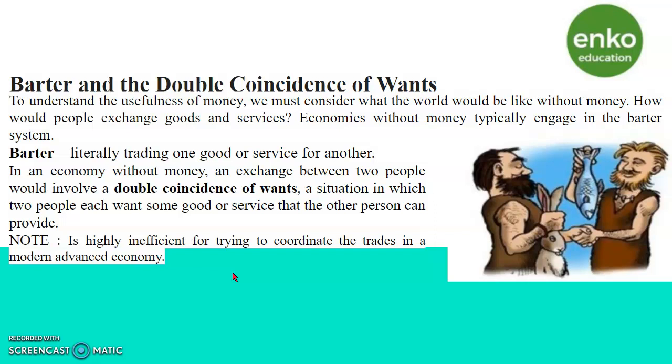This means, if I may give you one example, if I have tomatoes and I want to exchange them for a chicken, then I would have to find someone who has a chicken and wants tomatoes instead. So it would be a system that is inefficient for what we have nowadays as trades.